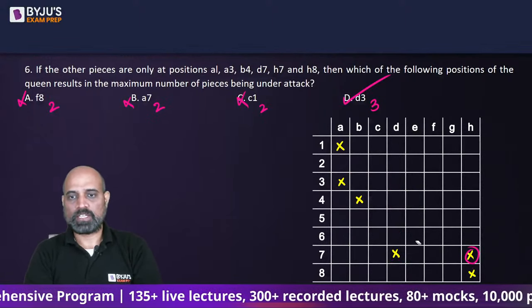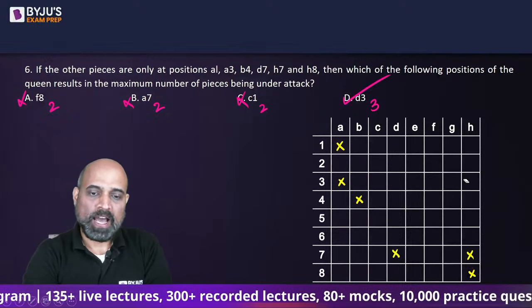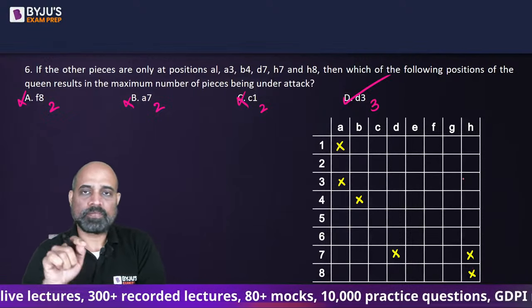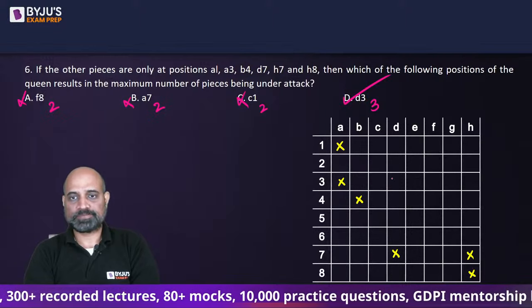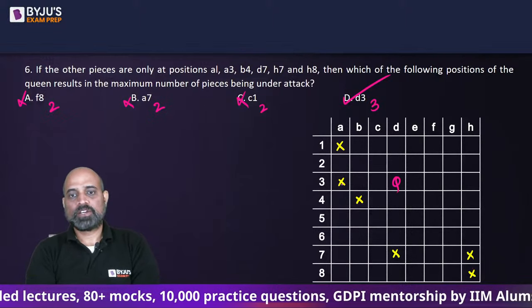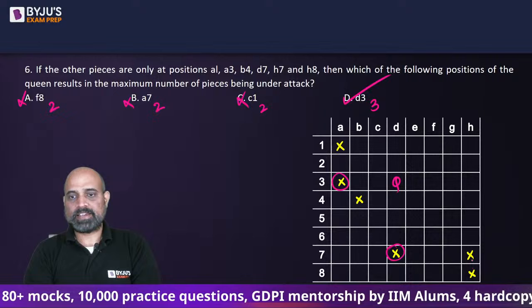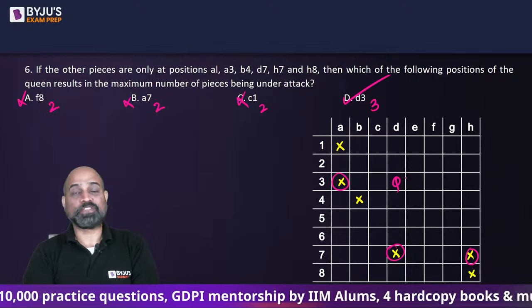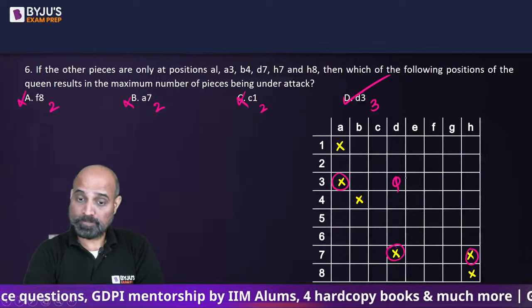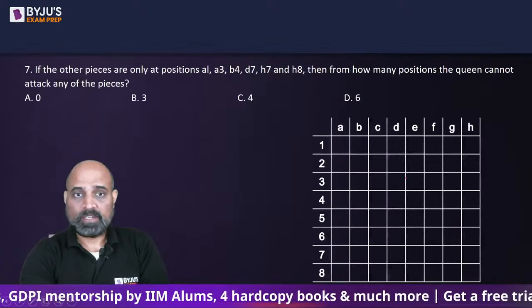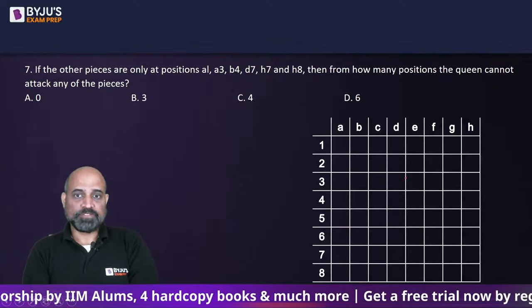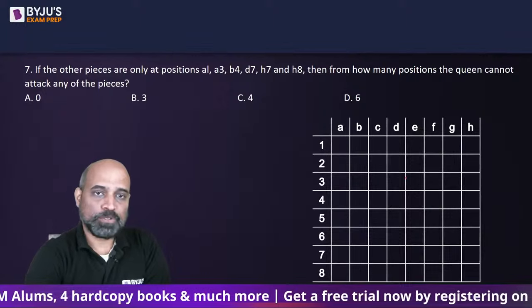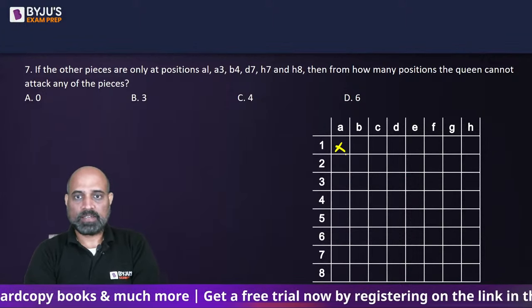Okay, so you have to look via the options, because otherwise it becomes very difficult to find a position where you have the maximum number of pieces, right?